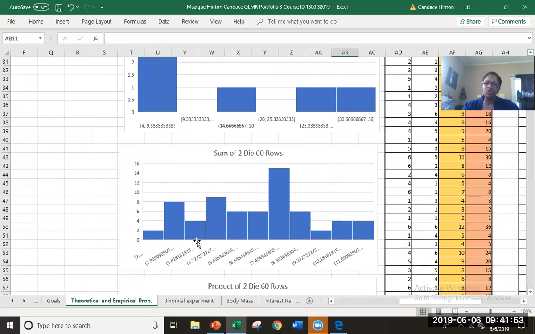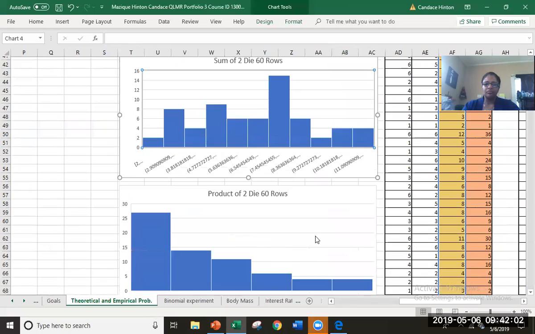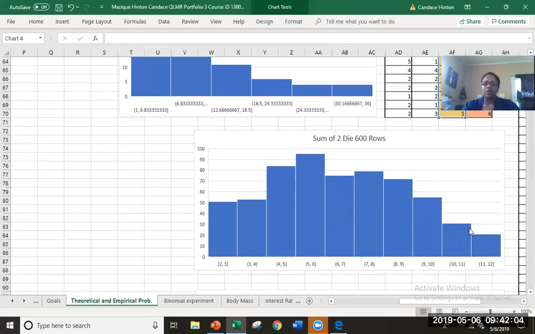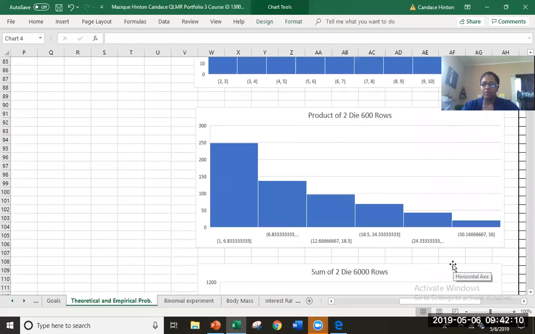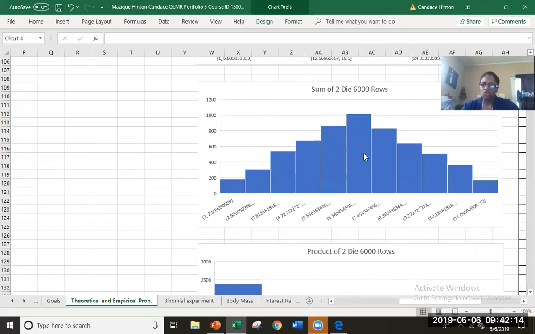With 60 rows, you had more data. It was trying to come together. With 600 rows, you're coming to a conclusion of what you have. And now with 6,000, you have your solid result. You see where you're solid, and it becomes a normal peak.